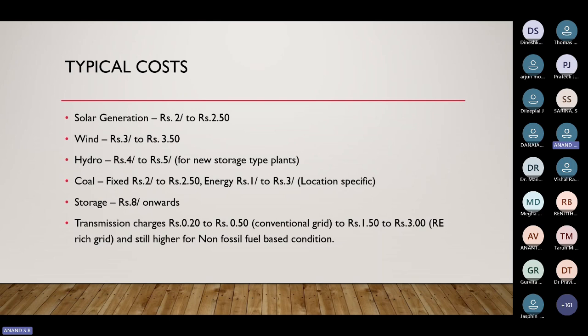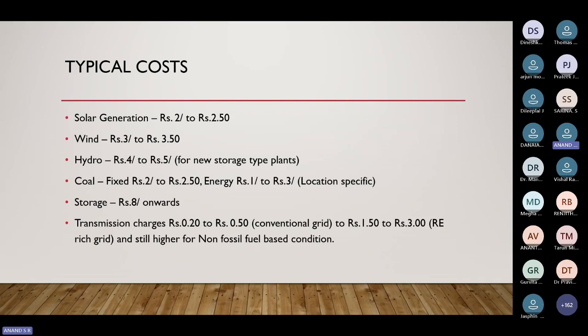And hydro for new storage type plants could be something around 4 to 5 rupees per unit. All these have only one part, because the main expenditure comes in the capex, the capital expenditure, and the recurring expenditure is much less. But coming to coal, or any liquid-based fuel generating station, we have two components. One is with respect to the capex, and one is with respect to the fuel cost.